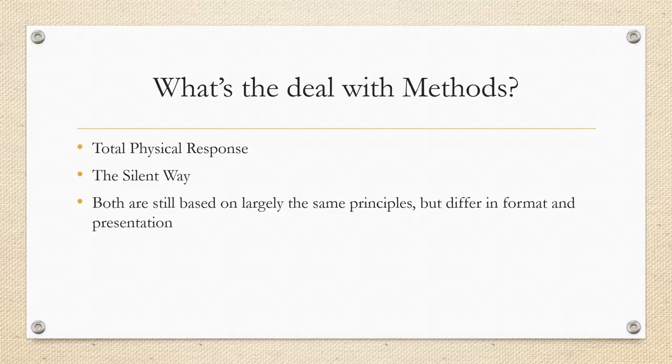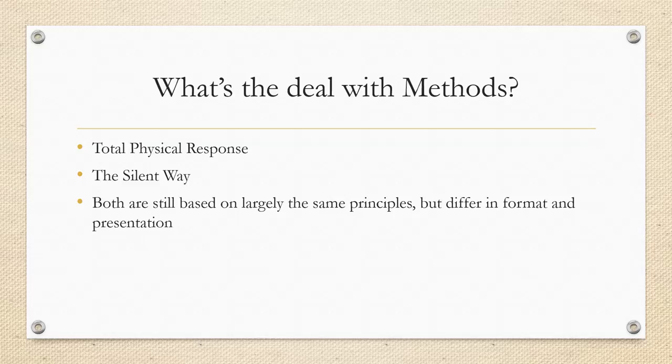So we end up thinking about methods often much more in terms of the format and presentation of lessons, and less as a guiding principle for most of us in terms of how we produce lessons for the classroom. Because they're not providing a lot of principles about content, ways of learning, all of that. Instead, they're just giving you a way of presenting it.